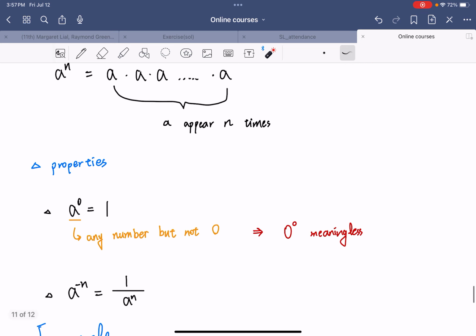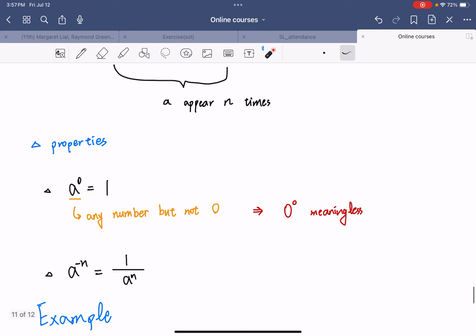So mathematicians define that a with power of 0 is 1. And pay attention to this: a can be any number except 0, because 0 with power of 0 has no meaning.